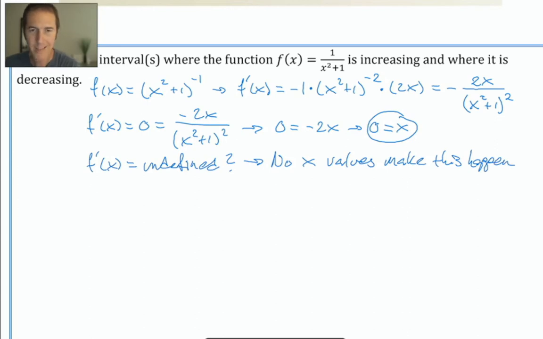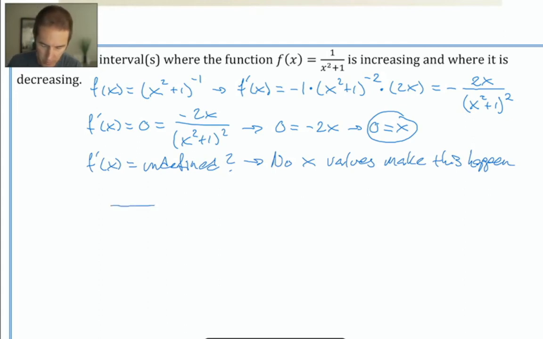There are not any x values that cause division by 0. So we don't have to worry about f prime being undefined, and thus causing a critical number to occur at maybe a vertical asymptote. So our only critical number now for sure is that x value of 0.